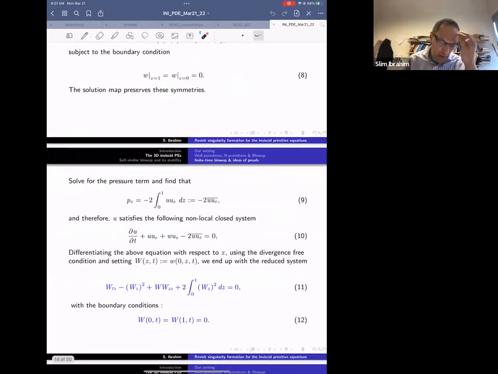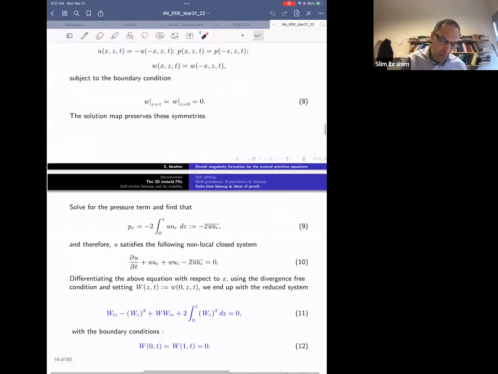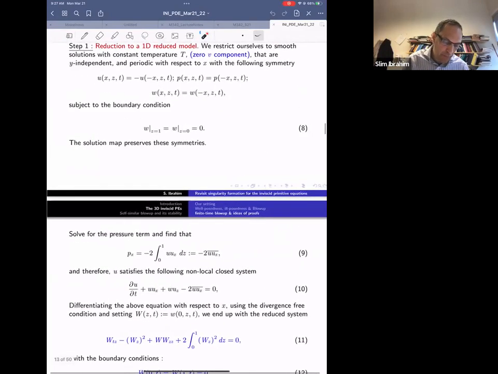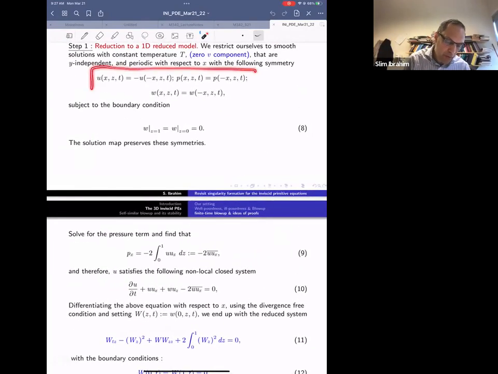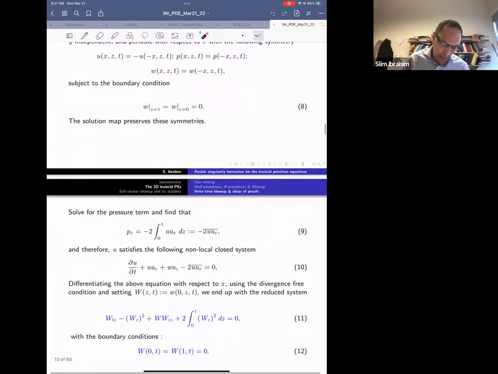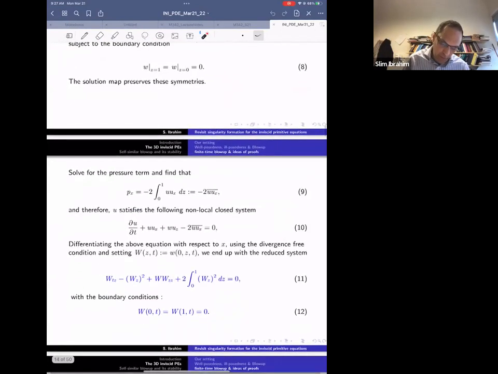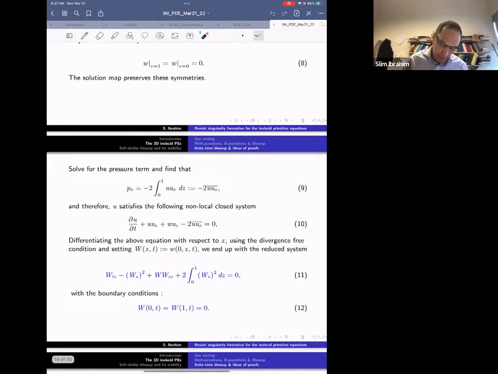The pressure is the non-local term, and working in this class of solutions, we can indeed solve for the pressure in terms of the velocity vector field. More precisely, we can show that the x derivative of the pressure is given by the z average of u u_x. Now once we have the pressure, we can substitute it back into the equation.